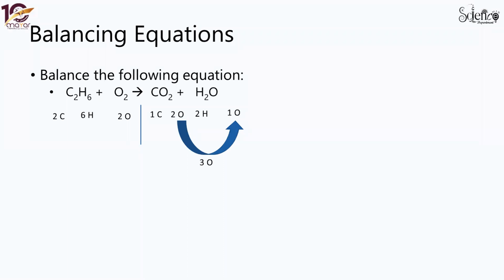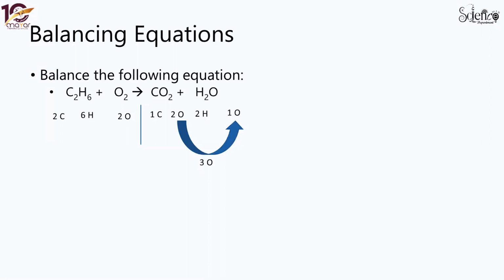Now, in this kind of reaction, since oxygen in products is found in 2 different compounds, my advice: keep it till the end. Work with an easier one. So I'm going to balance hydrogen and carbon before and keep oxygen till the end, because oxygen in products is divided between 2 different products.